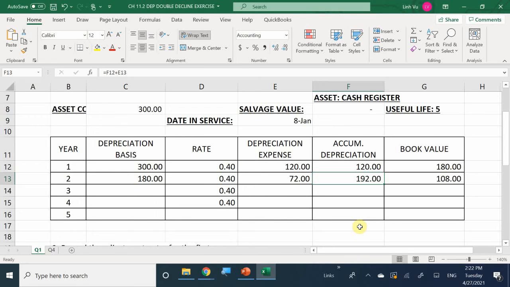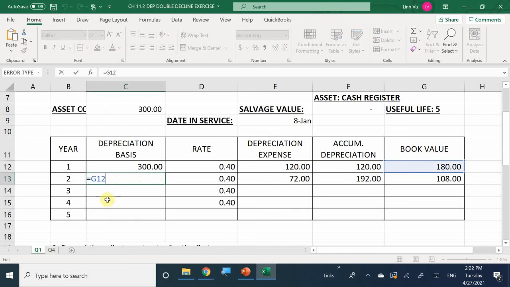In order to bring the equation down from the depreciation, it would need to be the absolute number for the depreciation basis. Oh no, that one is the book value. Yes, these are either cell referenced or you can just type it in. It's the direct number from the book value.